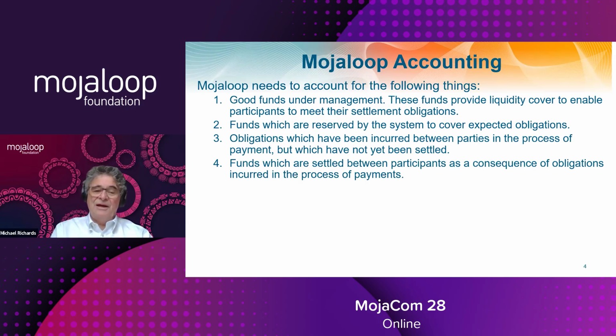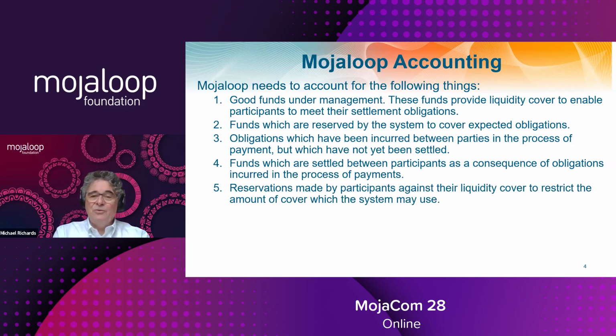Then we have to account for funds which are settled between participants as a consequence of those obligations. And we also need to make sure that we can cover reservations made by participants against their liquidity cover, which effectively restrict the amount of cover which the system is allowed to use.